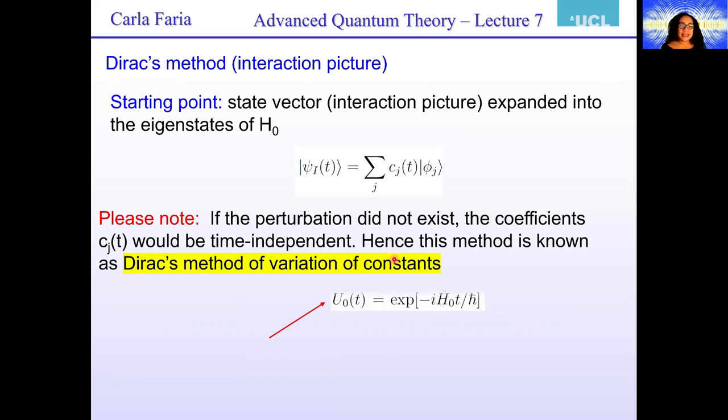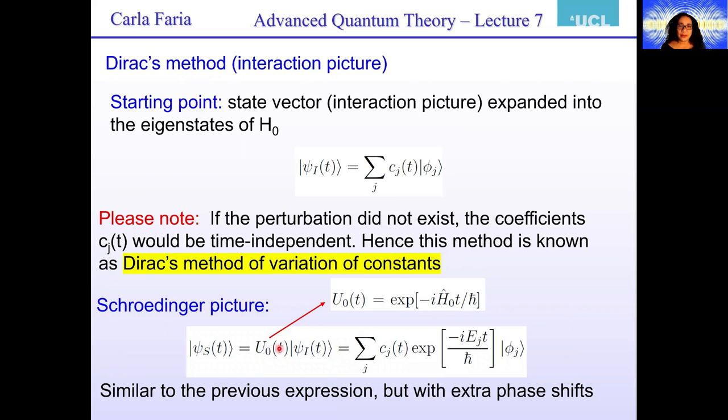If you would have written this in terms of the Schrodinger picture, where you apply the transformation, which is actually the time evolution operator associated with H naught on psi I, which is the state vector in the interaction picture, you would have found a sum over these time-dependent coefficients multiplied by these phases, which are associated to the eigenvalues of H naught, which you would get by applying this operator to phi j.